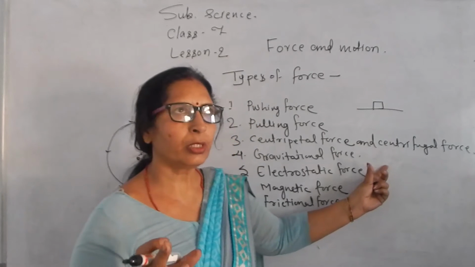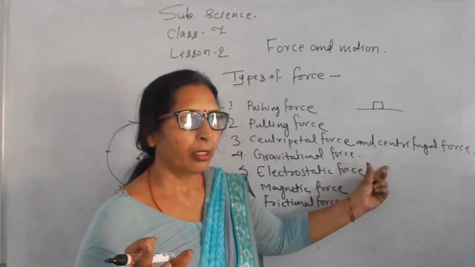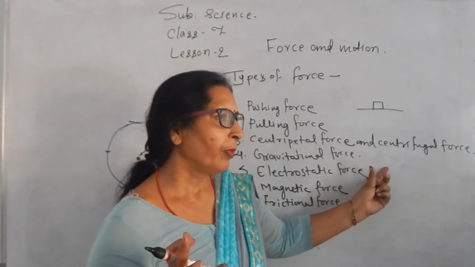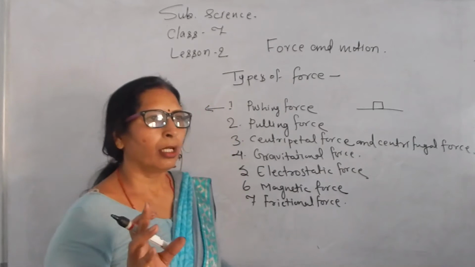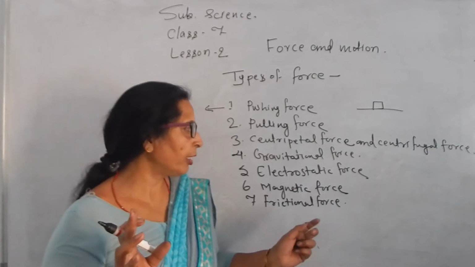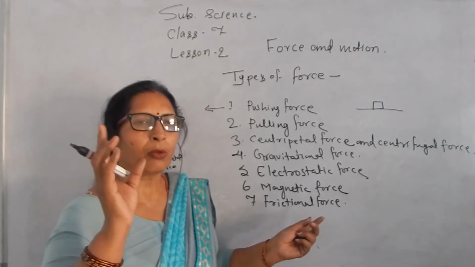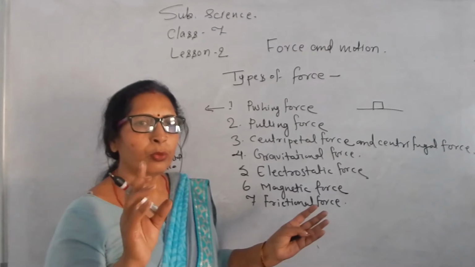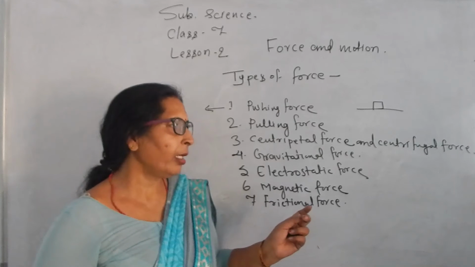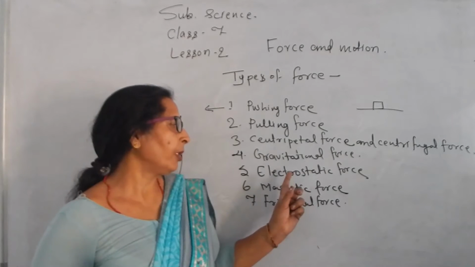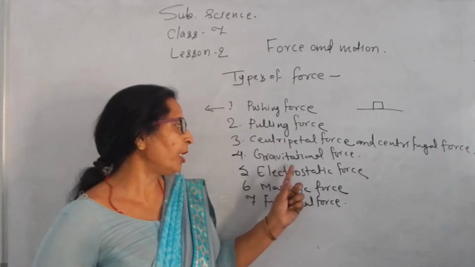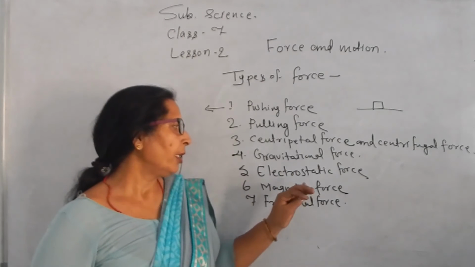Due to this force, everything in the universe acts; the earth revolves around the sun and the moon revolves around the earth. In this way we can explain the gravitational force.